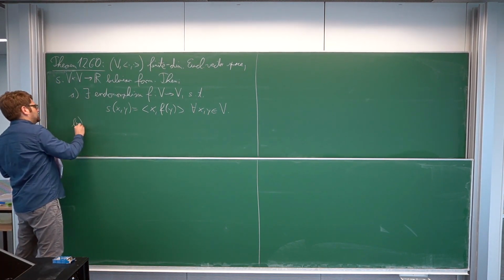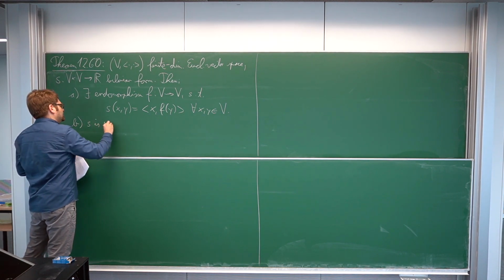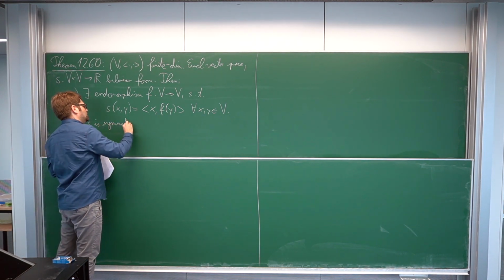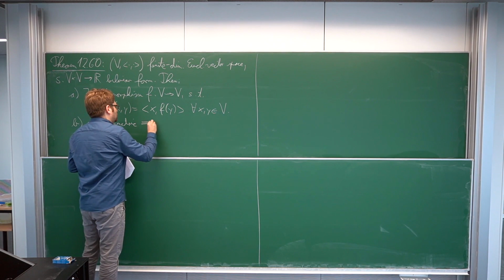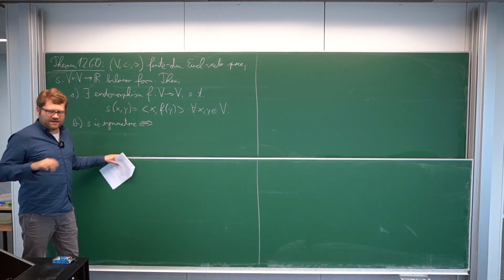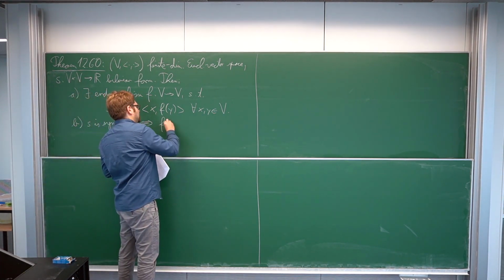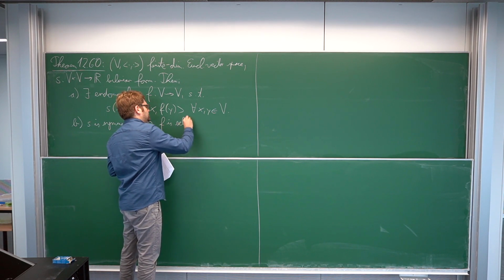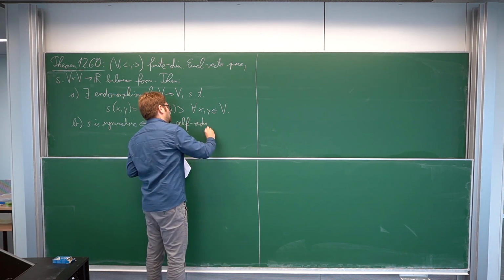B: S is a symmetric bilinear form if and only if the endomorphism F that pops up here is self-adjoint.